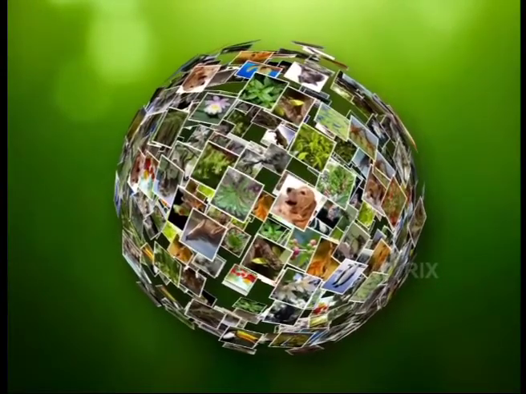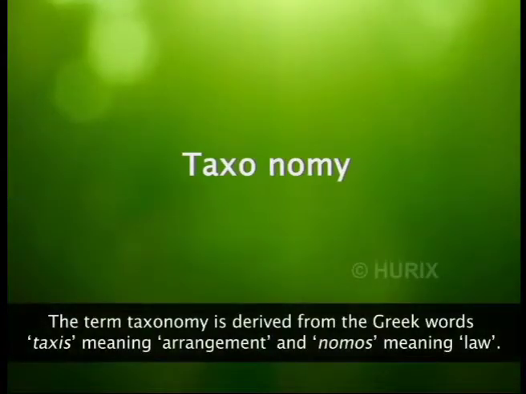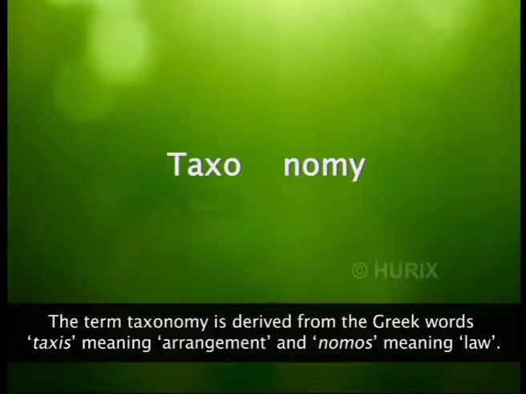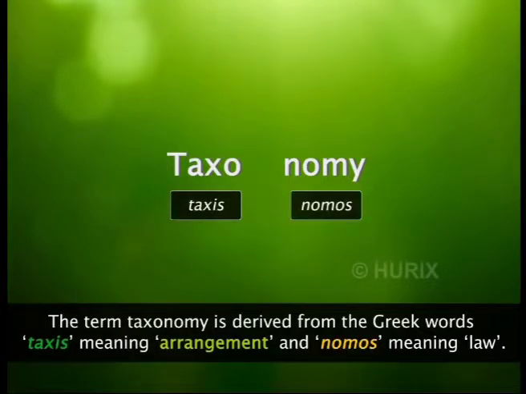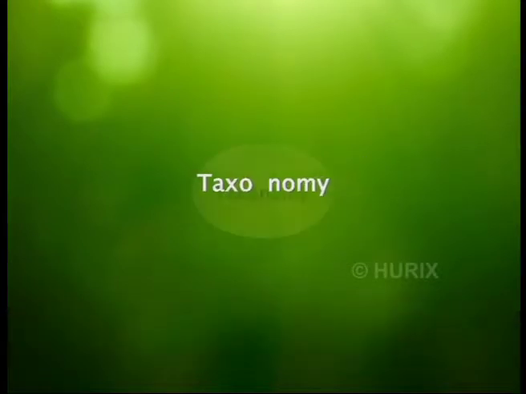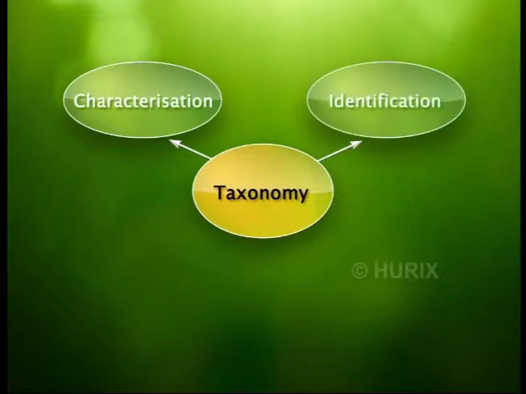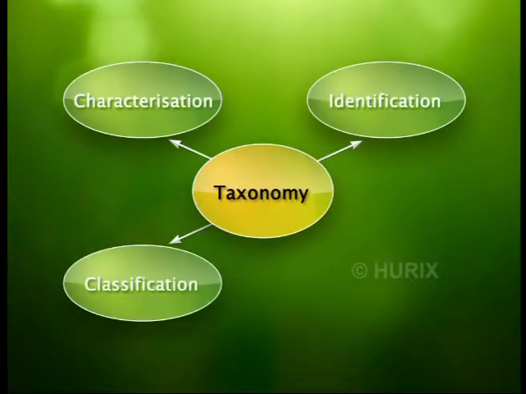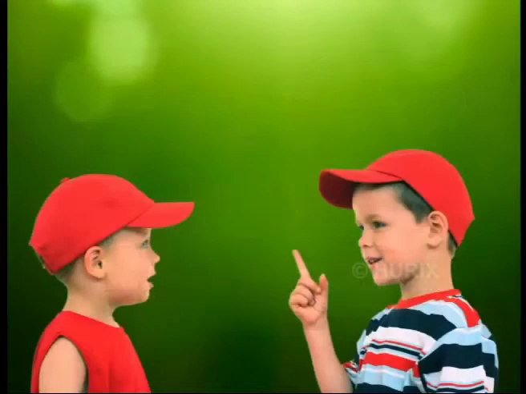Let's learn more about taxonomy. The term taxonomy is derived from the Greek words taxis, meaning arrangement, and nomos, meaning law. Taxonomy is a science that deals with the characterization, identification, classification, and nomenclature of organisms.